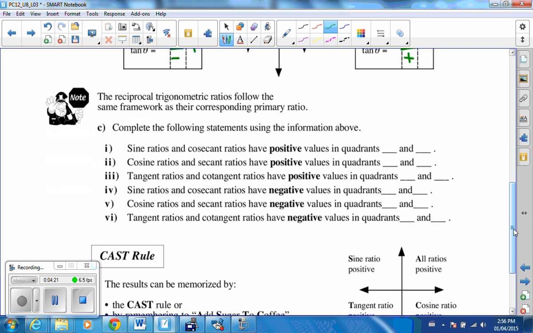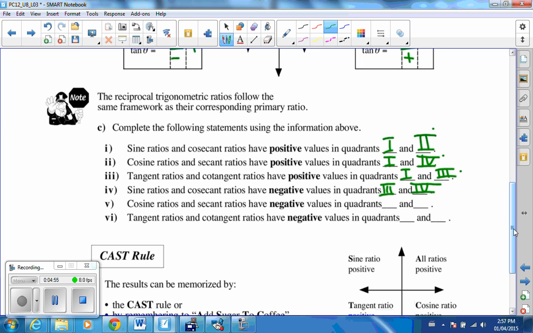So, sine ratios are positive in 1 and 2. Cosine ratios are positive in 1 and 4. The tangent is positive in 1 and 3. So they're all positive in quadrant 1. And then each of them is only positive in one other place. Sine is negative in 3 and 4.